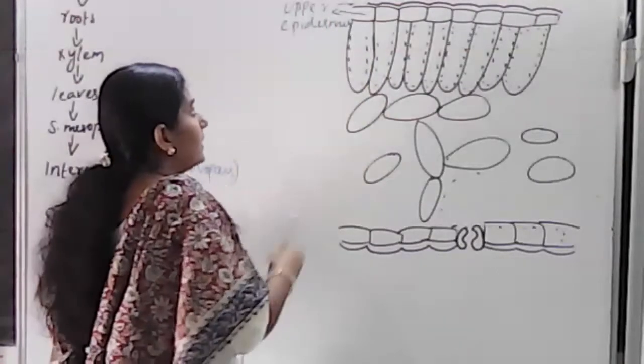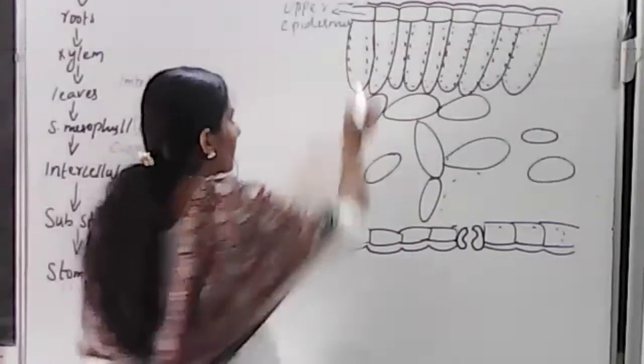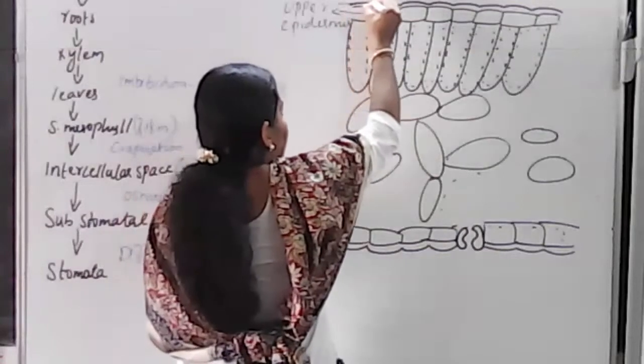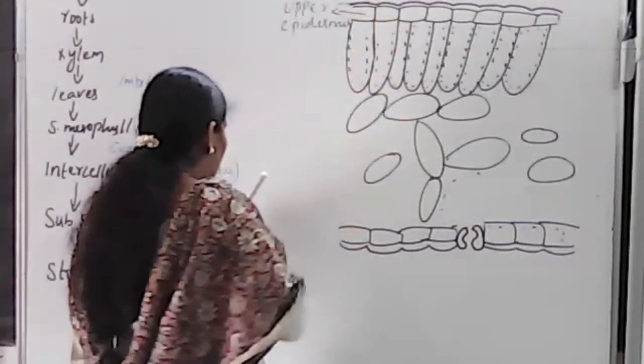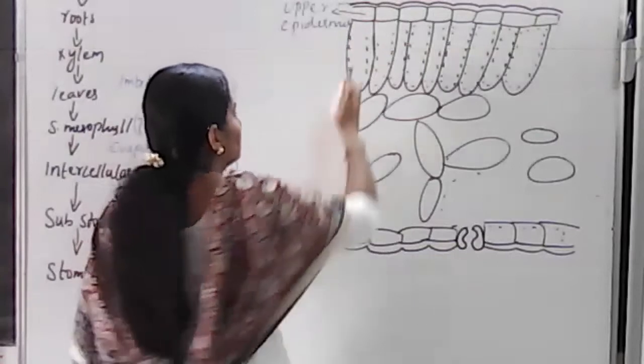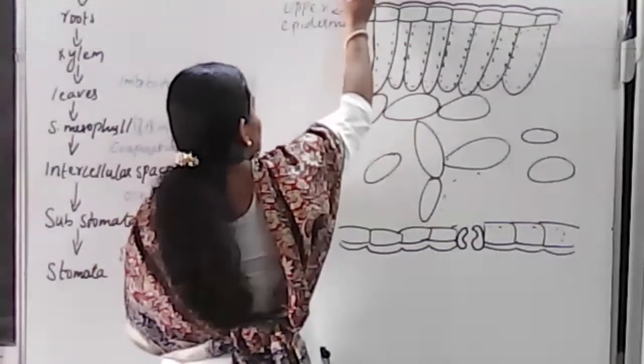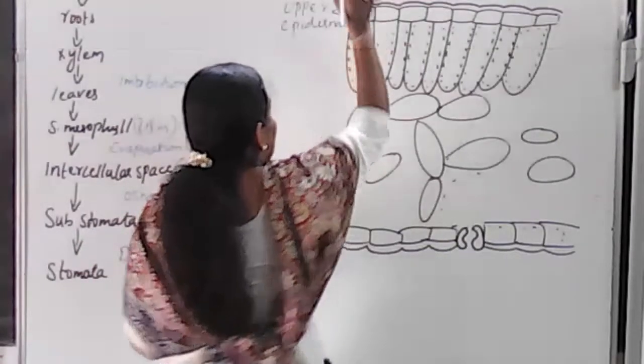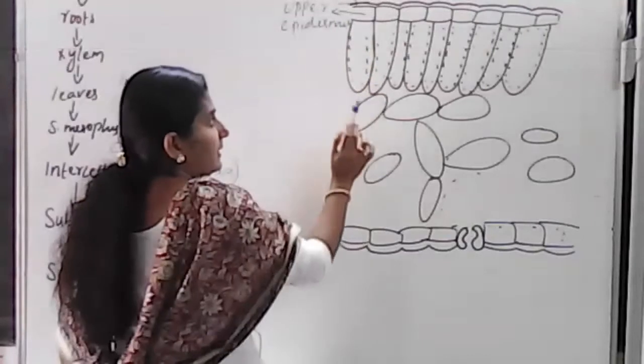Then just above the epidermis, we have a single layer which you call the cuticle. So this is the cuticle, and here comes the upper epidermis.